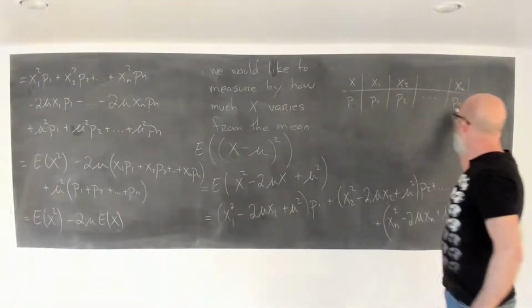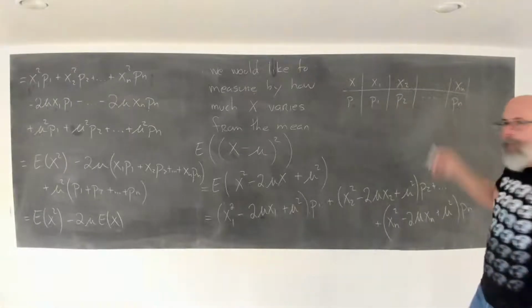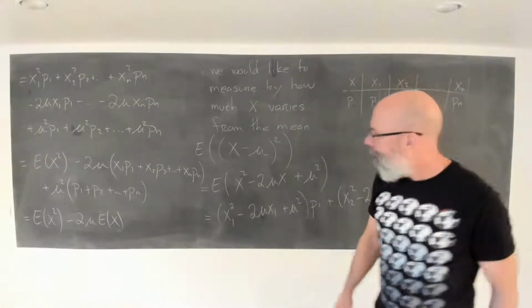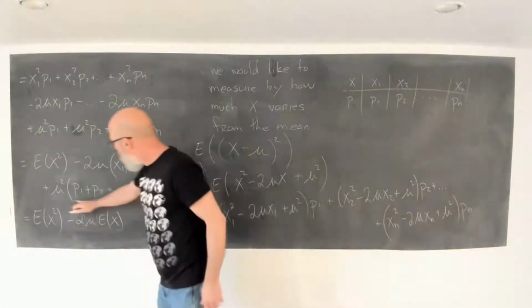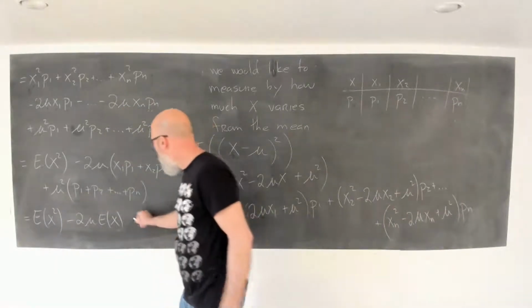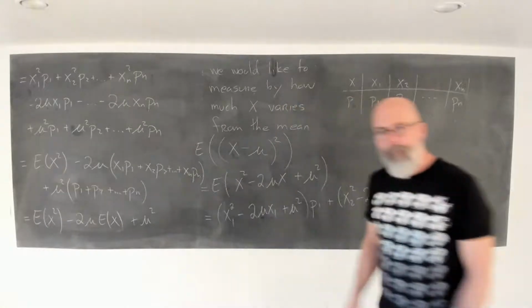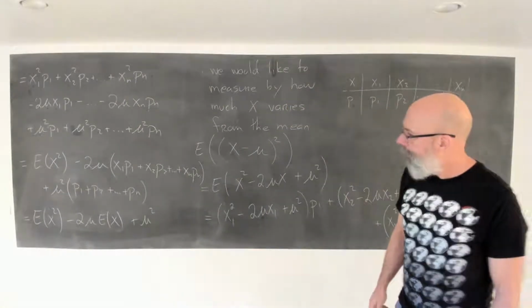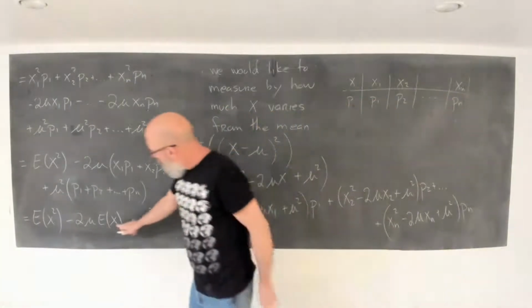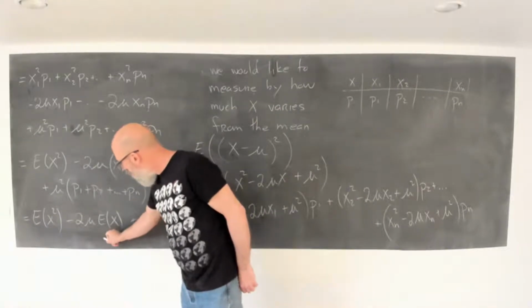So you know the probabilities better add up to 1. So this bracket should add up to 1. Now the expected value is precisely mu.